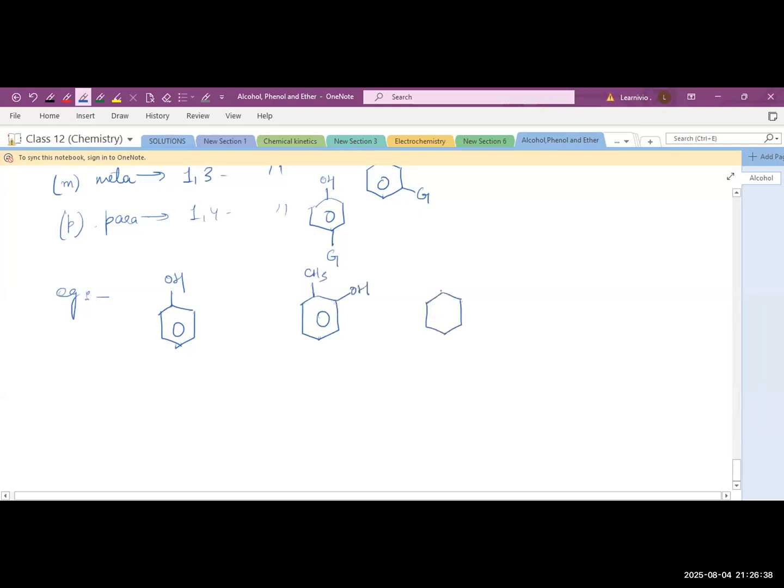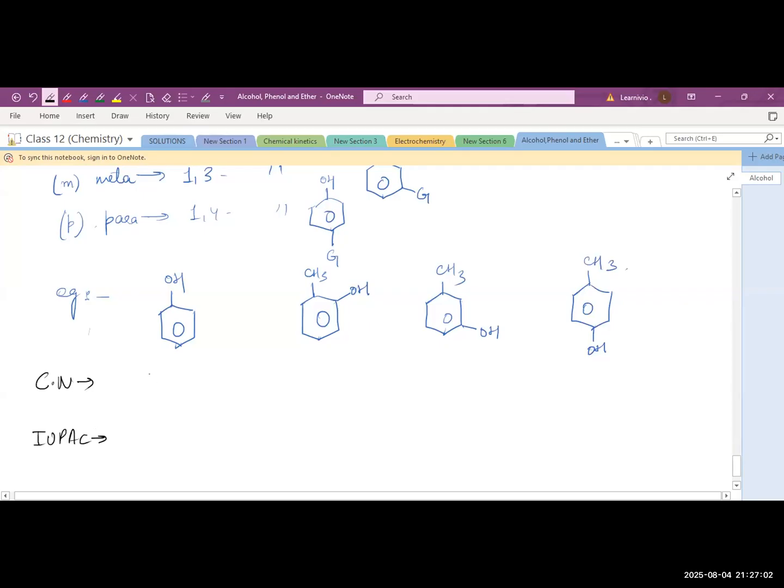Another example: suppose this is your CH3 group and your OH group is attached. Here we will write down the common name and here we will write down the IUPAC name.